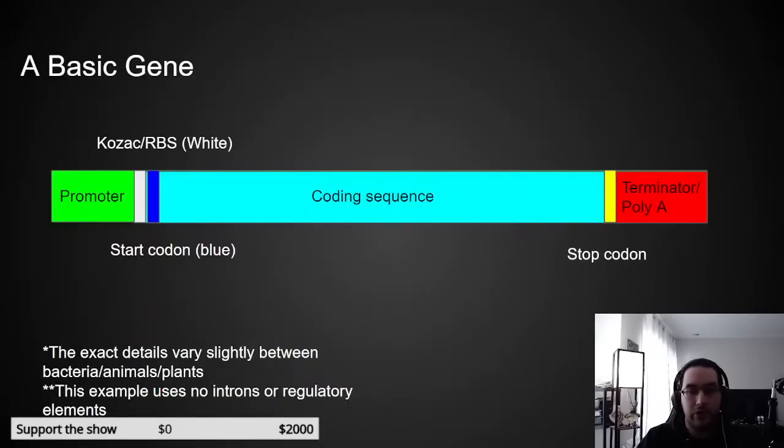So this is the basic structure of a gene. And this is something you're really going to want to know, because it's very, very important. And this is a massive simplification. There are a lot of other things that can be going on, but at its core, this is the most basic structure. So it always starts with a promoter. The promoter is a piece of code where proteins will bind to that bit of DNA and start reading the DNA from that location.